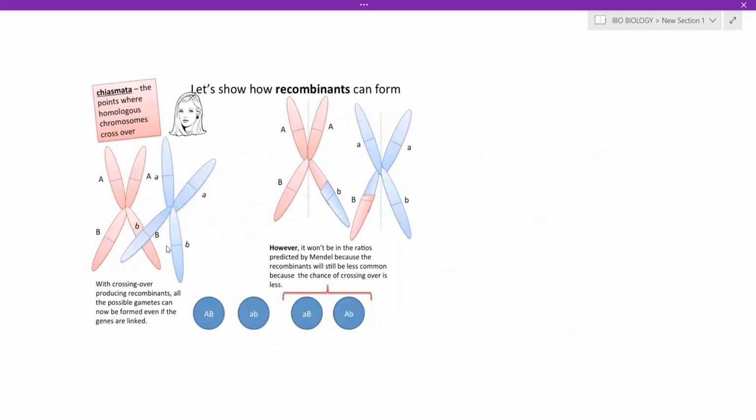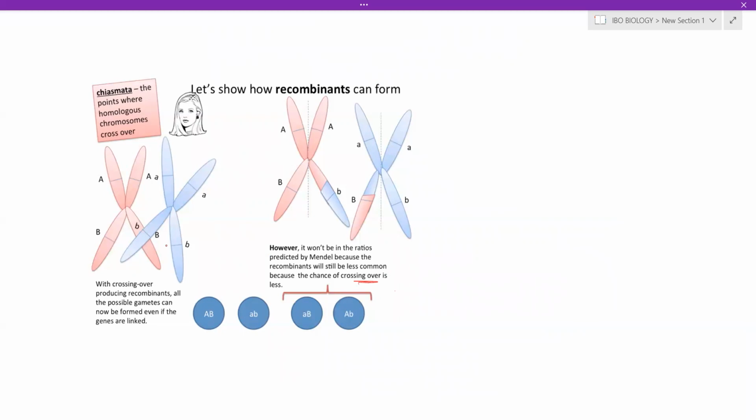Chiasmata is this attachment point, the overlap point, where the homologous chromosomes cross over, and crossing over produces recombinants. But the ratios won't be the ratios predicted by Mendel, because they are less common. They can only occur as a result of chance.